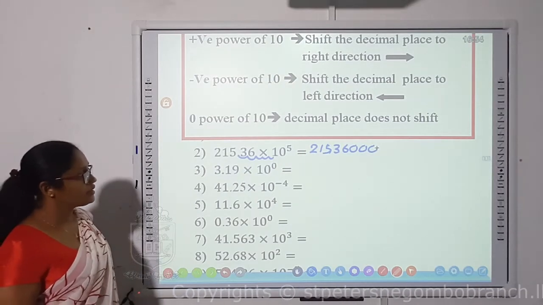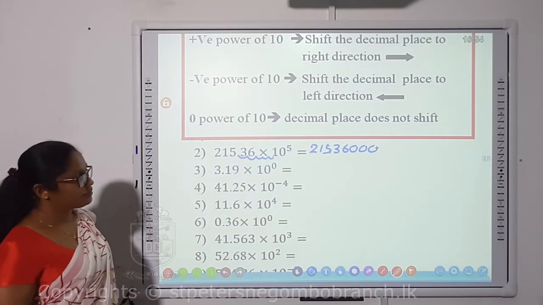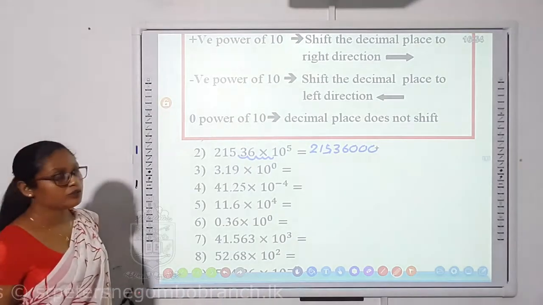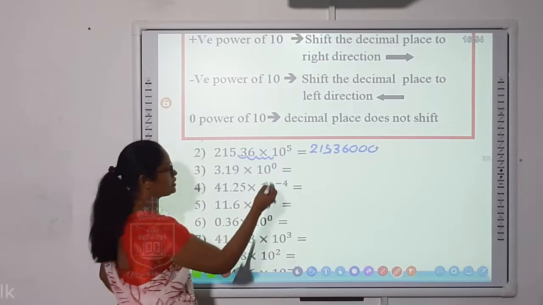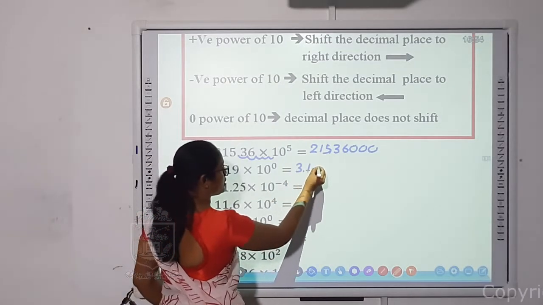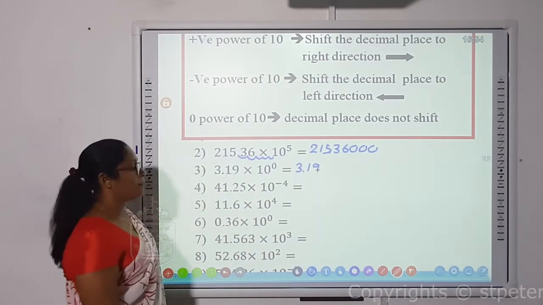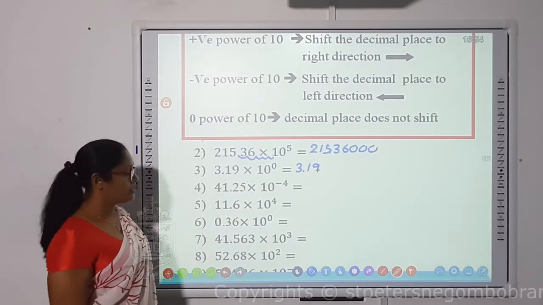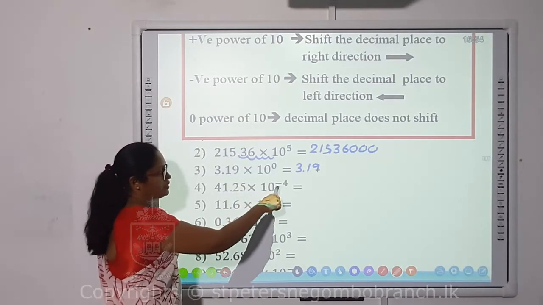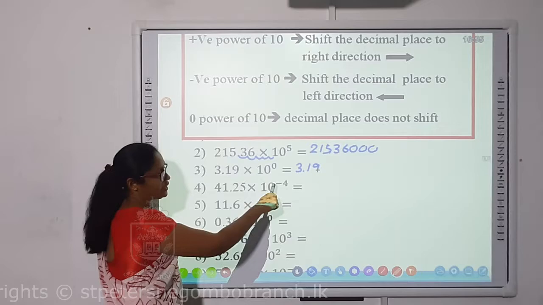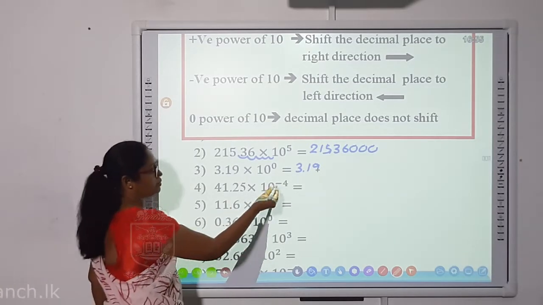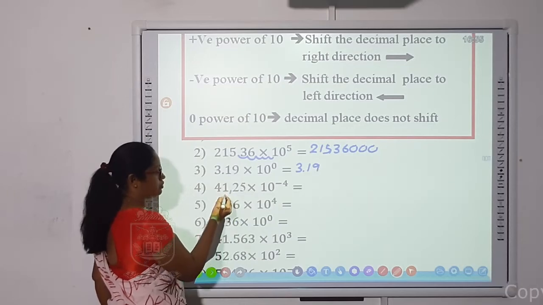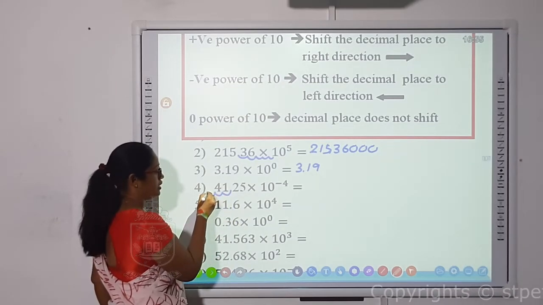And the next one, you can see the power. The power is 0. 0 power says don't shift the decimal place. So the answer will be just 3.19. And the last one that I hope to discuss in this part has a minus. Minus says what? Shift the decimal place to the left side by how many places? 4 places. So 1, 2, 3, 4.